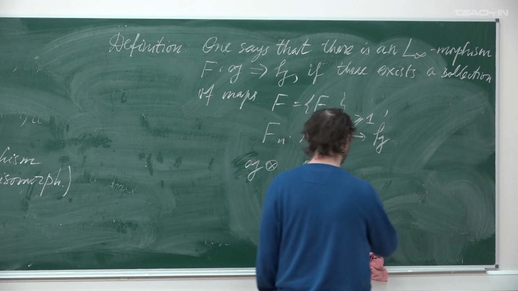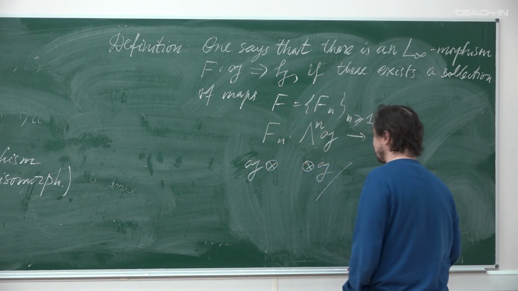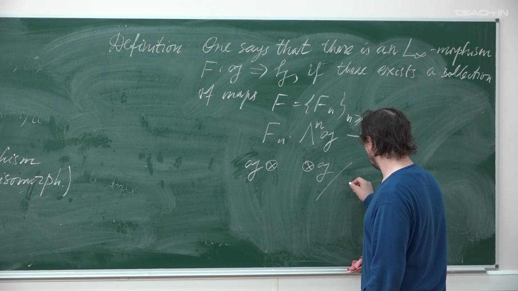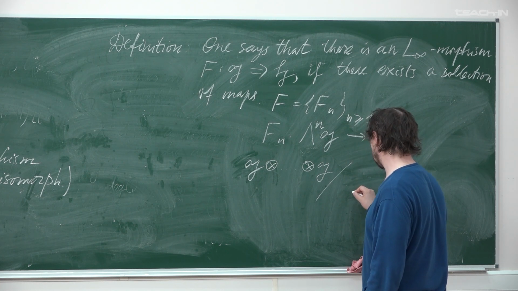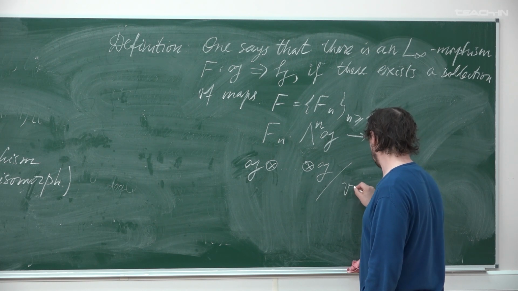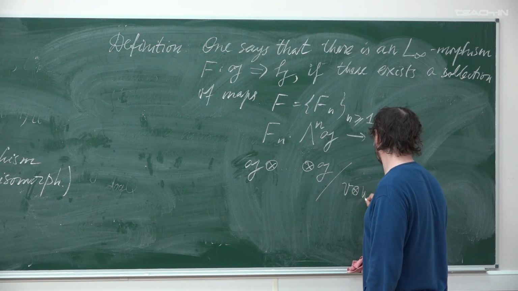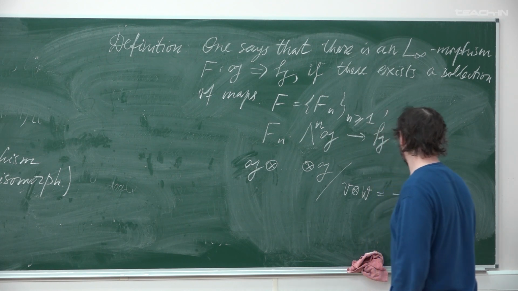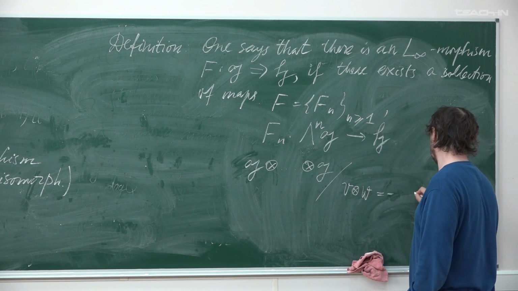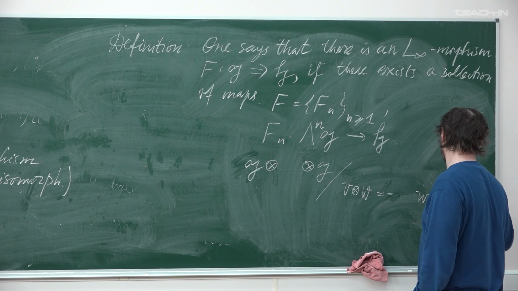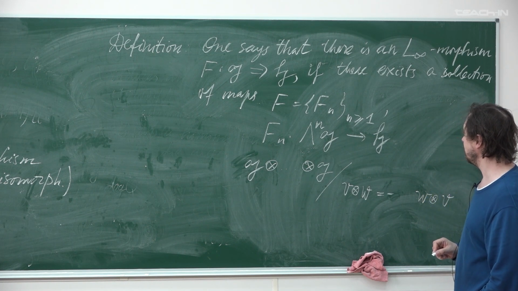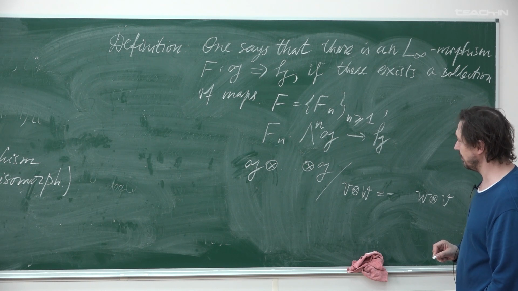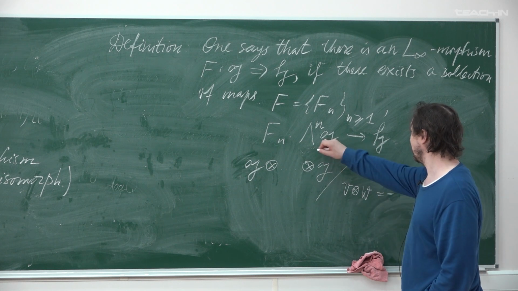And then I quotient out relations which look like the relation we use to define the usual wedge product: V tensor W is equal to minus W tensor V. But in this case, you really need to take into consideration the degrees on the left and on the right.